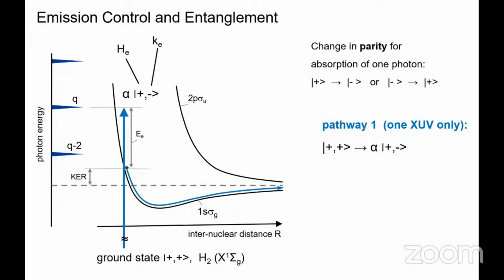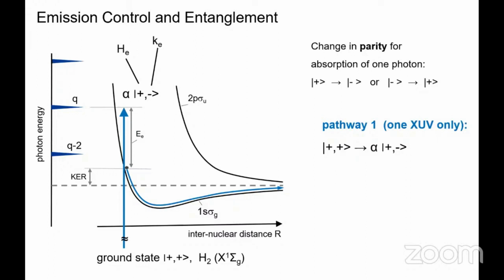It flips the parity. But the ground state is still an S sigma, remains positive. So in this case here, the bound electron is positive, the photoelectron has negative parity, and the molecule dissociates. So this is our pathway.